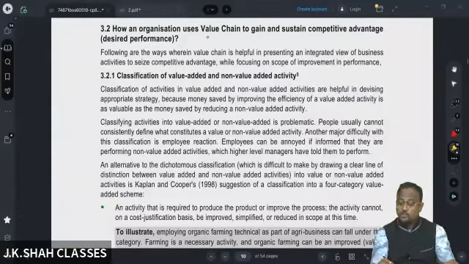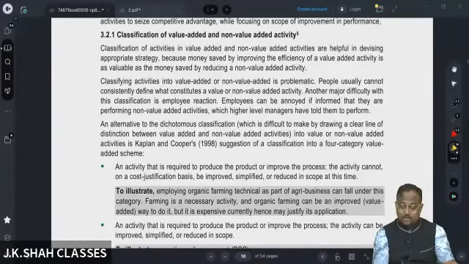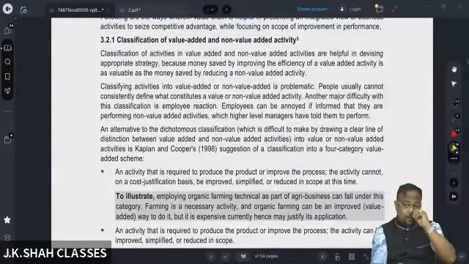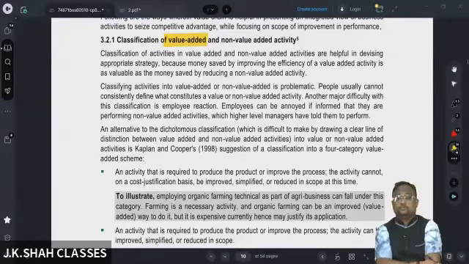Dekho, how organization uses value chain to gain and sustain competitive advantage. Classification of value added and non-value added activities, same thing what we have discussed earlier. Value added is an activity where you actually transform raw material into finished goods.